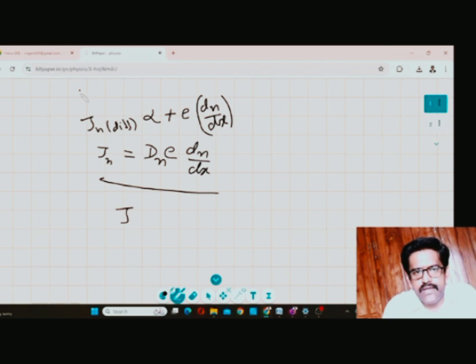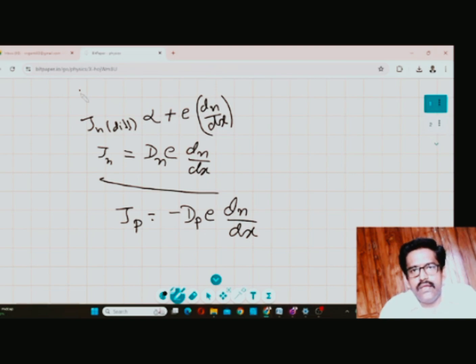Similarly, for a p-type semiconductor, Jp equals minus e dp by dx. From the definition, the diffusion current density is directly proportional to the negative direction of the concentration gradient, so minus dn by dx, multiplied by the electron charge of minus e.